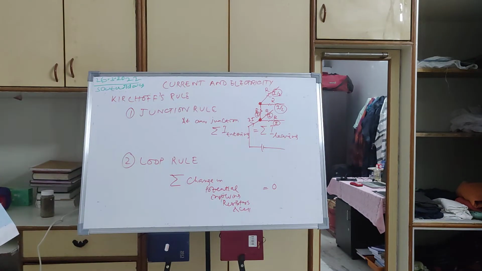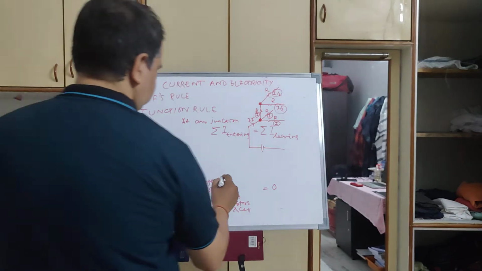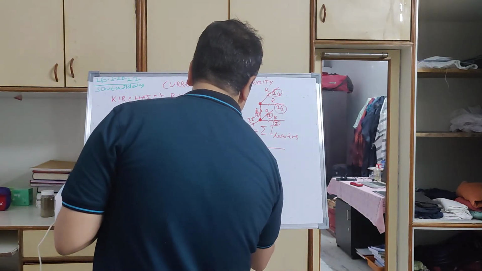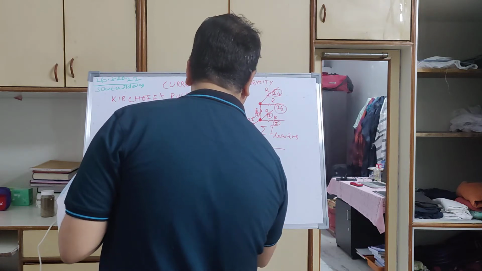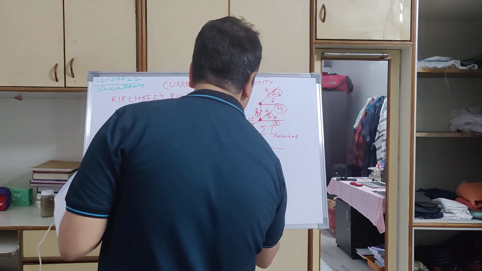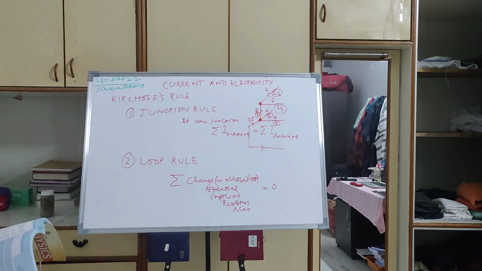So the change in potential in a closed loop involving resistors and cell is equal to zero.